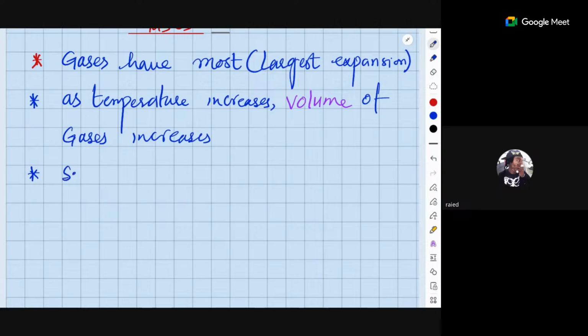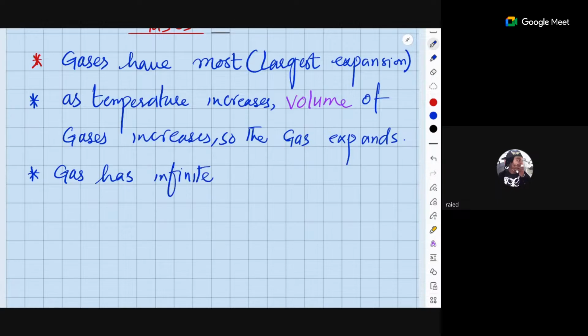So also the gas expands. Now the expansion of the gas is infinite. Remember this thing. The gas has infinite expansion. It depends upon the volume of the container. Infinite expansion. Okay? Its expansion depends upon what?